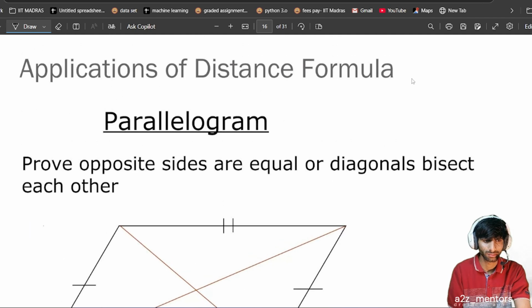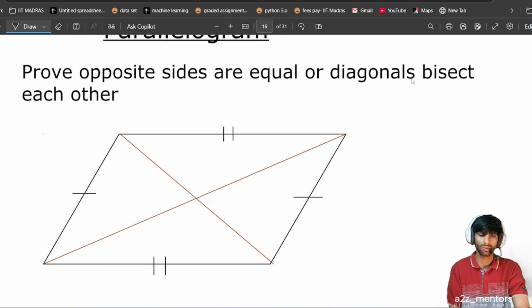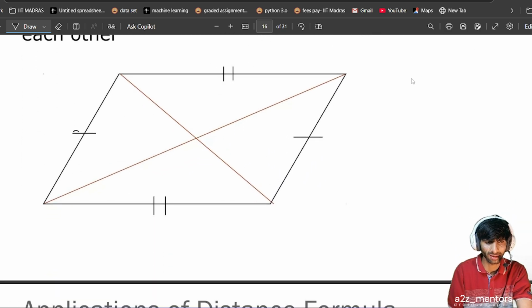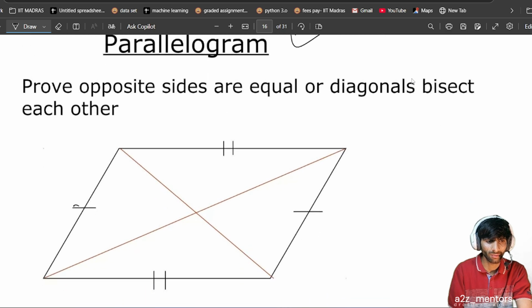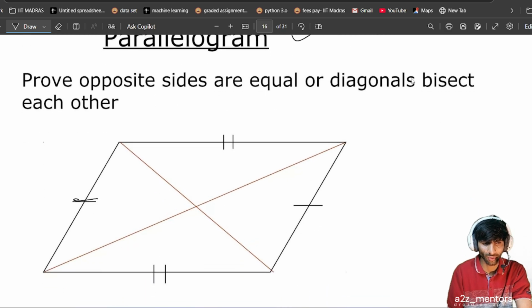Okay, applications of the distance formula. You will use this in questions also. In a parallelogram, opposite sides are always equal. You can say this is also in the rectangle, but in the rectangle all angles are 90. Here opposite angles are equal and not 90.